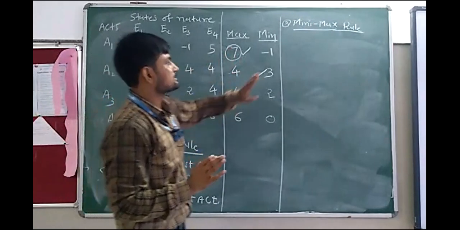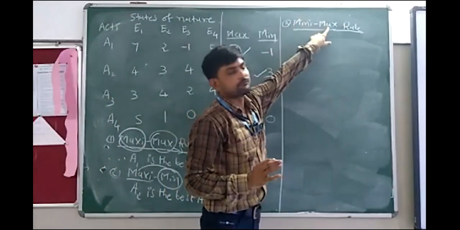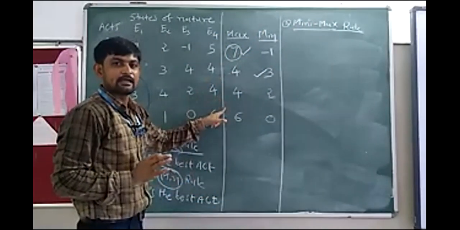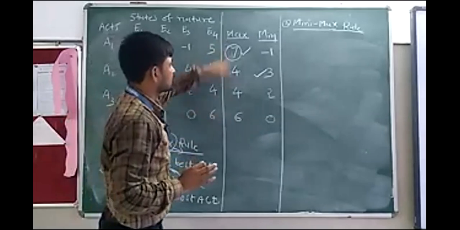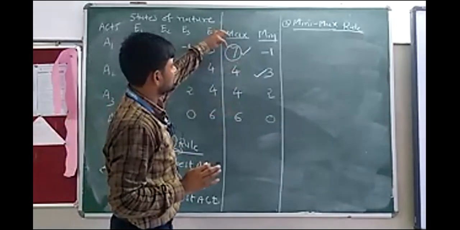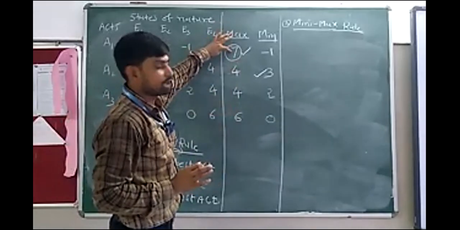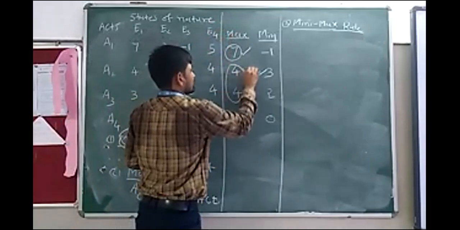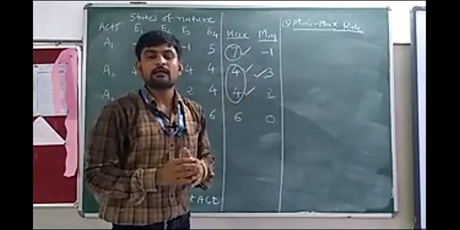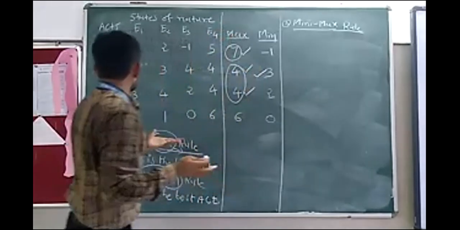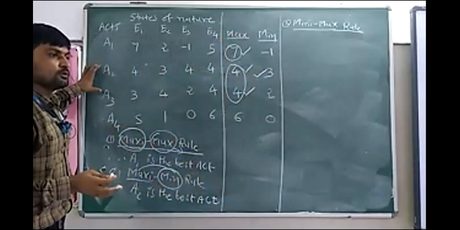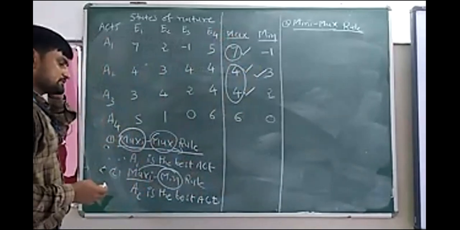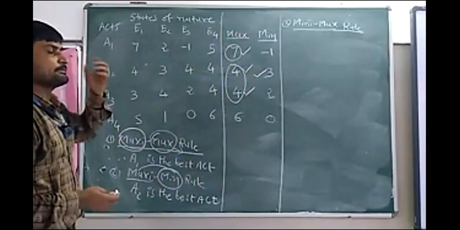So again we'll select the minimum of the maximum. We have already found the maximum payoff for each and every act. So out of these maximum payoffs, we'll select the minimum. Now the minimum is 4, and there is a tie. So we can say that A2 and A3 both are the best act as per the Minimax criteria.